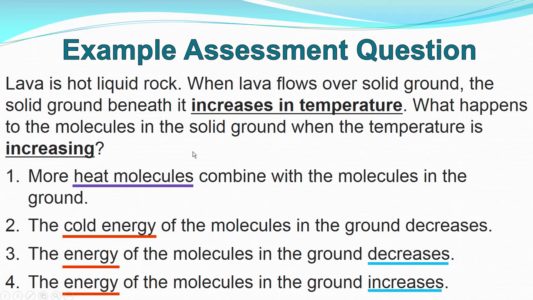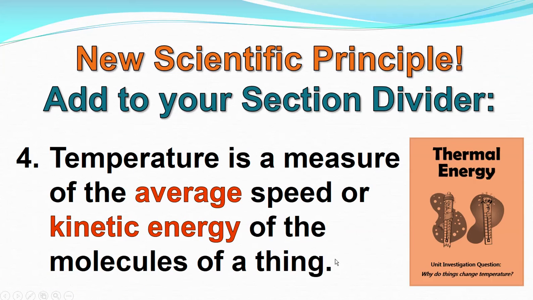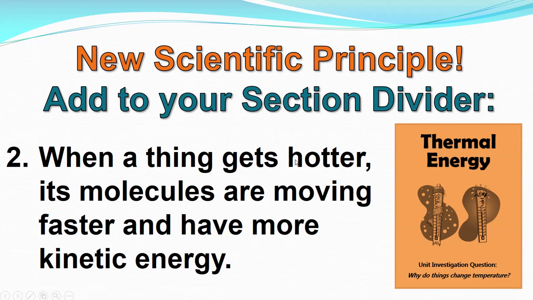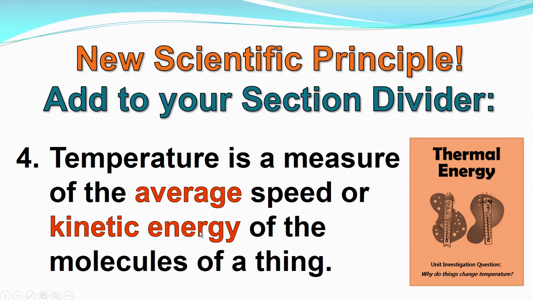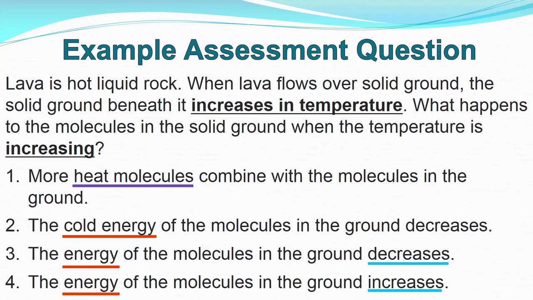What happens when a molecule increases in temperature? What happens to the motion? We learned from scientific principle number 2 that when a thing gets hotter, its molecules are moving faster and have more kinetic energy. And we can use that information to help us understand this question. So we can see that the most correct answer is going to be choice 4, because the energy of the molecules in the ground is increasing. When the temperature increases, the molecules' kinetic energy also increases.